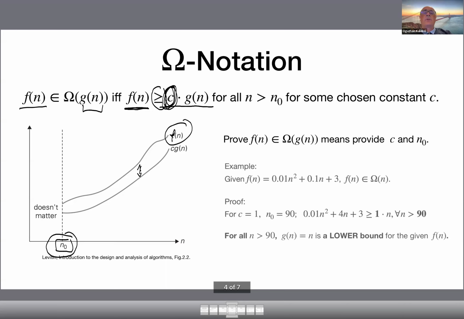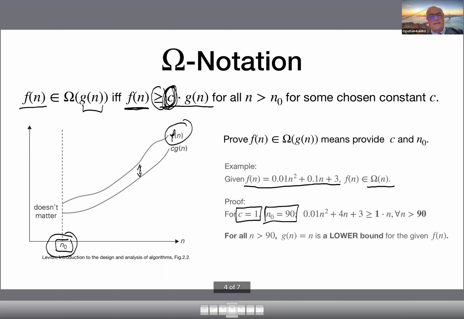Let's look at the example. In this example, we are given this f(n) function, and we would like to prove that it is lower bounded by g(n) equal to n. This is equal to big omega n. To prove it, I should select a constant c and an initial n0 value.